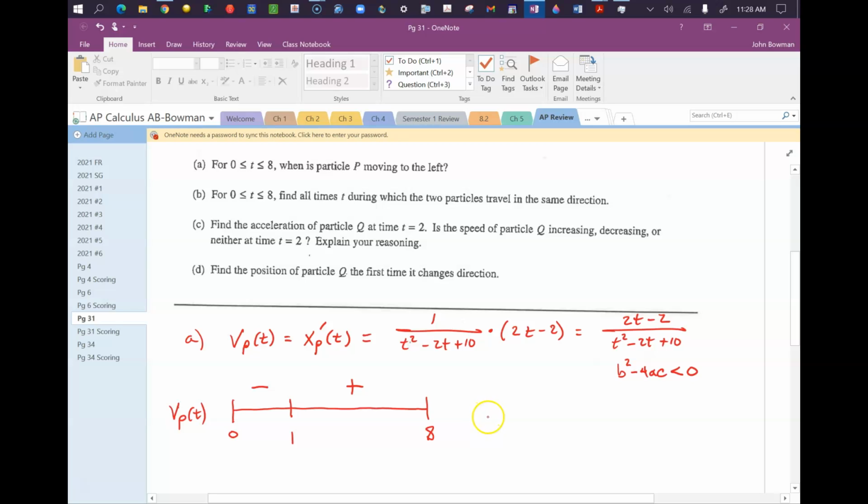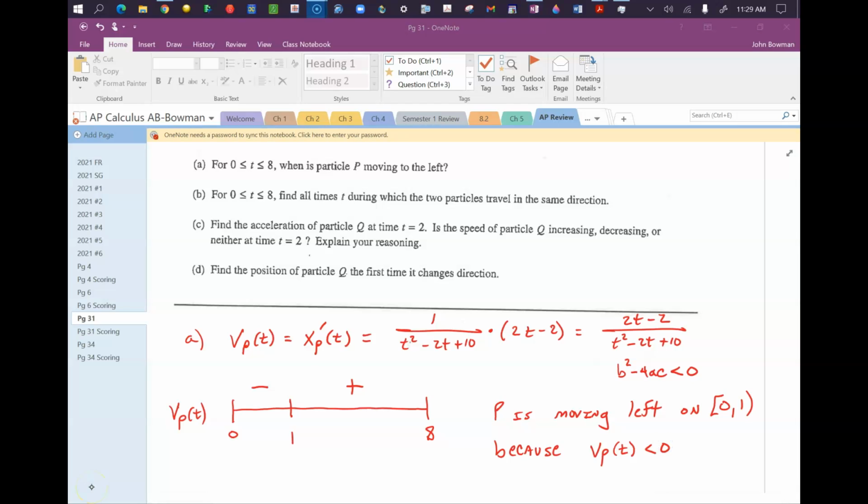So to answer A, P is moving left on the interval from 0 to 1 because vp of t is less than 0.